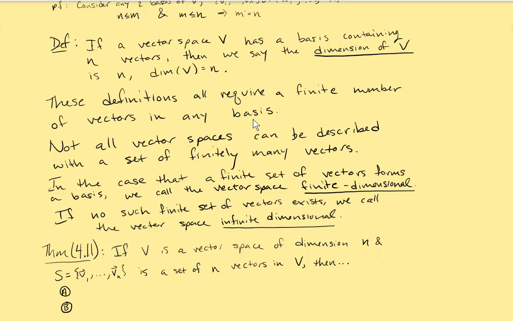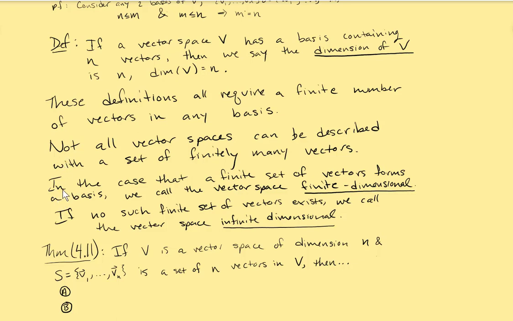So it might be concerning that not all vector spaces necessarily can be described by such a finite set. For example, the set of all polynomials of any degree. You can't describe that with a finite number of vectors in the polynomial space. Maybe we'll get an example like that later.